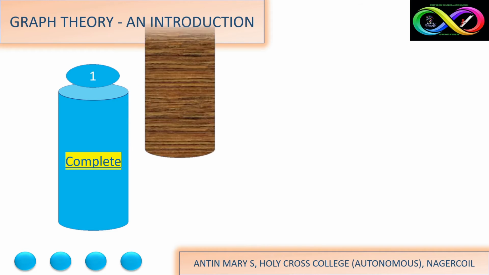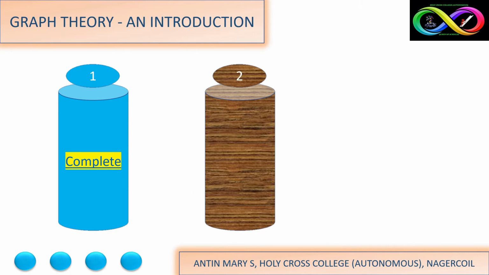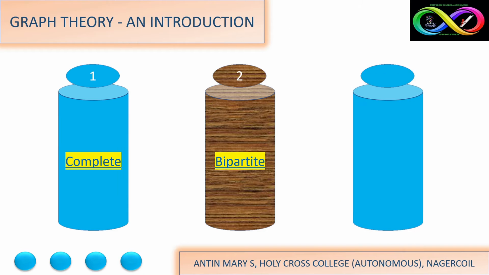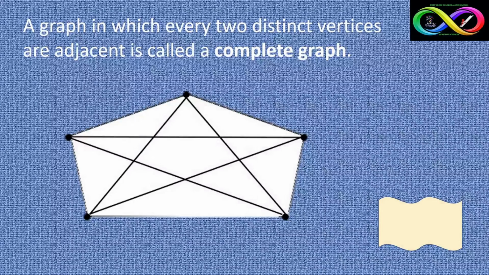So we have some types of graphs. Here we are getting complete graph, another variety is bipartite graph, and one more variety is tree. Let us just see what it is. What's a complete graph? A graph in which every two distinct vertices are adjacent is called a complete graph.